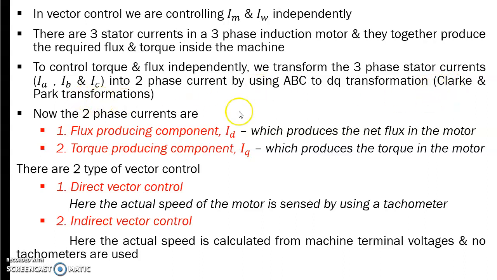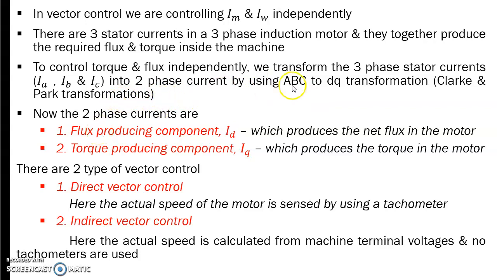First we convert ABC to the alpha beta reference frame, then into DQ. That is, ABC to alpha beta, then alpha beta to DQ. The ABC to alpha beta transformation is known as Clark transformation, and alpha beta to DQ is known as Park transformation.